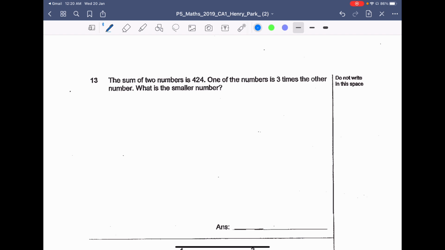The sum of two numbers is 424. One of the numbers is 3 times the other number. What is the smaller number? So for the larger number, it's basically 3 units. Smaller number, the value is 1/3 of it, so it's only 1 unit.